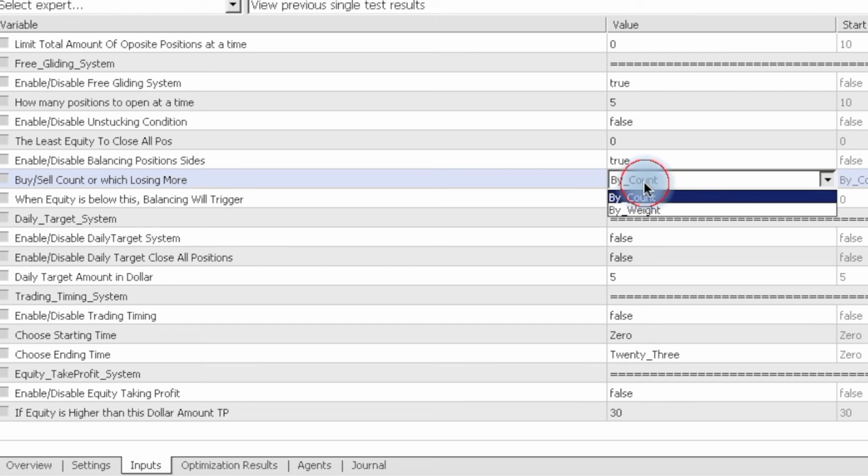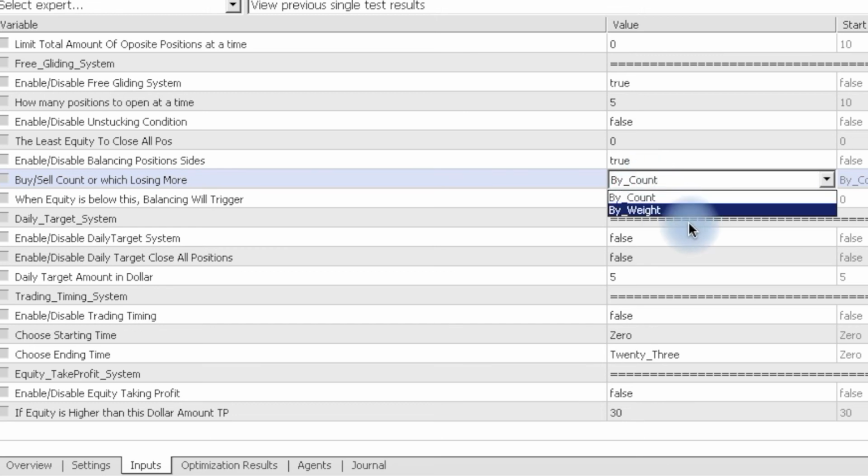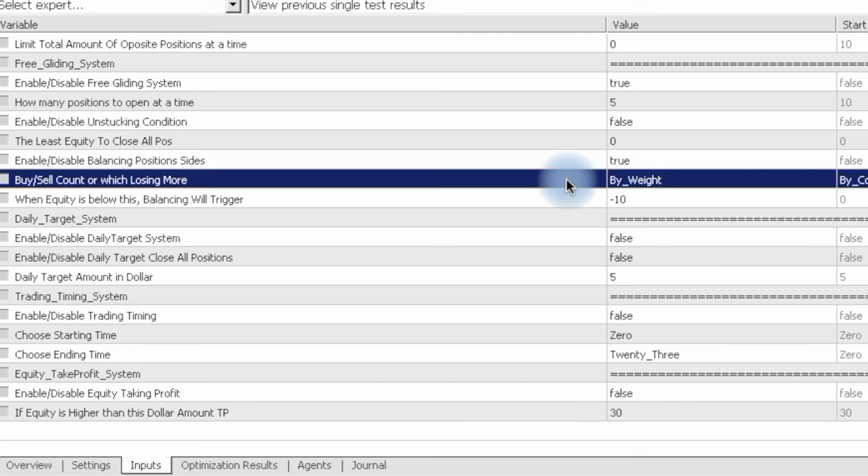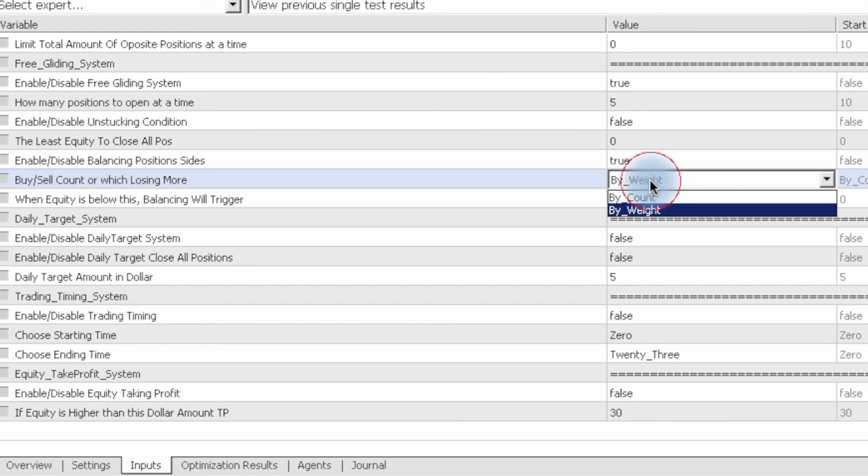But if I use the weight system and I had only 1 buy and 3 sells, but the buy is losing a lot, 300 or 200 minus, and the sells are better than that, gaining, for example, then it will open another sell. So now it will be 1 buy and 4 sells. This is opening positions or balancing positions by weight.